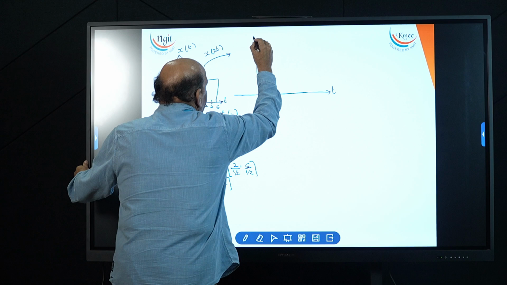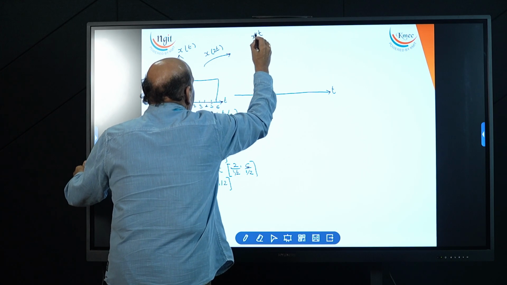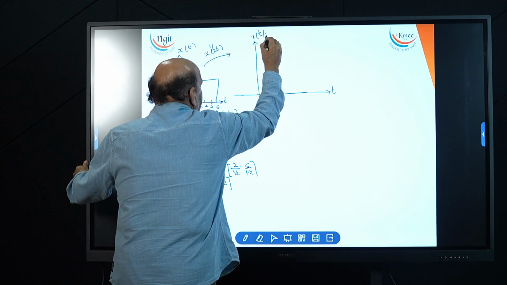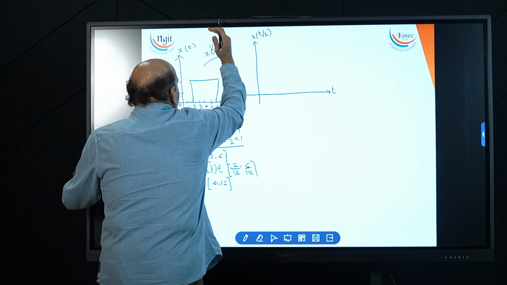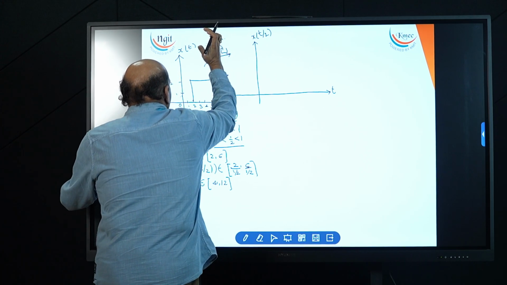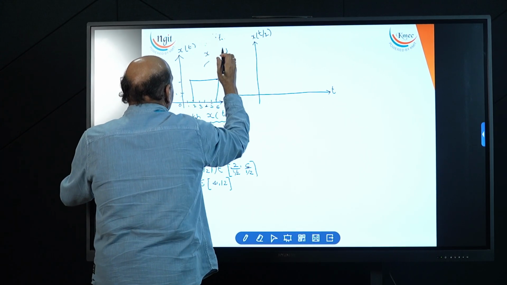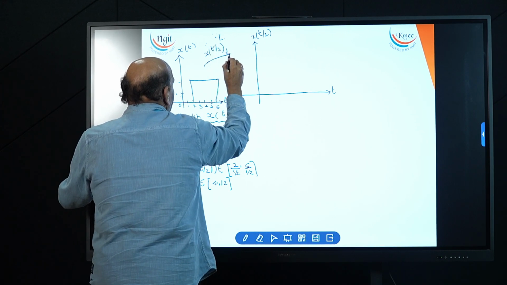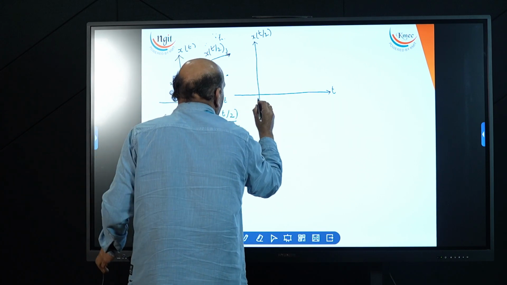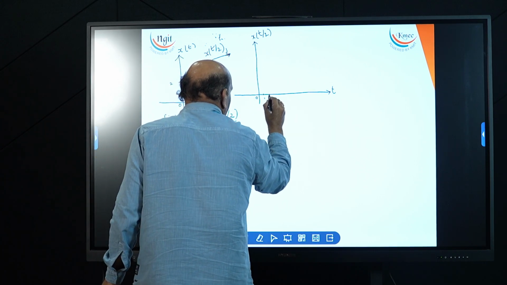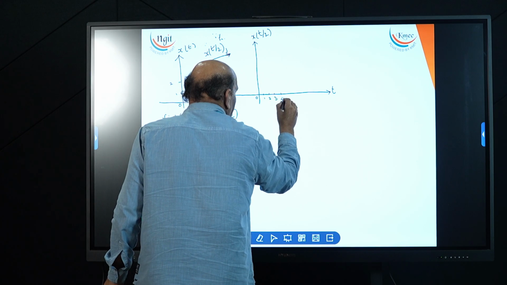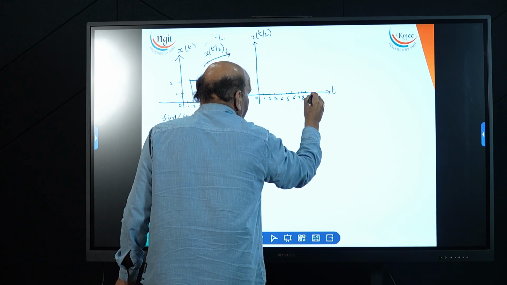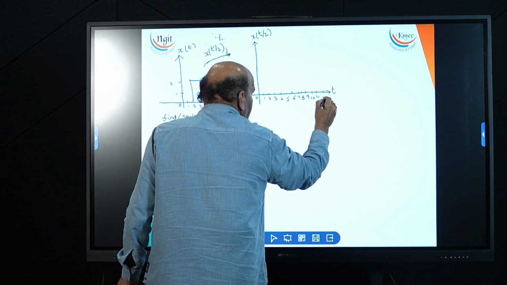This is not 2t, this is 1 by 2 t, that is x of t by 2. Look at the width, 0, 1, up to 12.